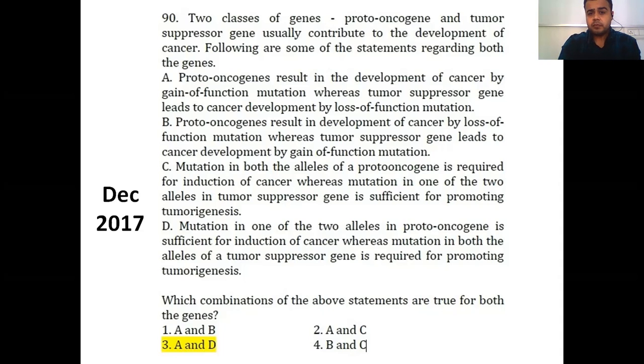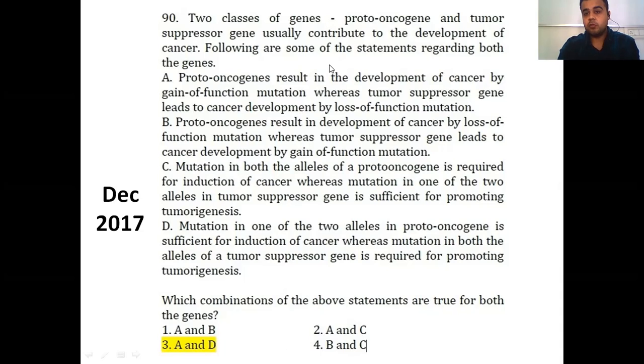Now, the second statement is incorrect, as you can see over here. This is also incorrect because mutation in one of the alleles can also lead to cancer. That is, if a proto-oncogene has 2 alleles, as you know, we receive 2 separate sets and there are 2 alleles for a particular gene. In that condition also, cancer can happen even if only one of the alleles is mutated.